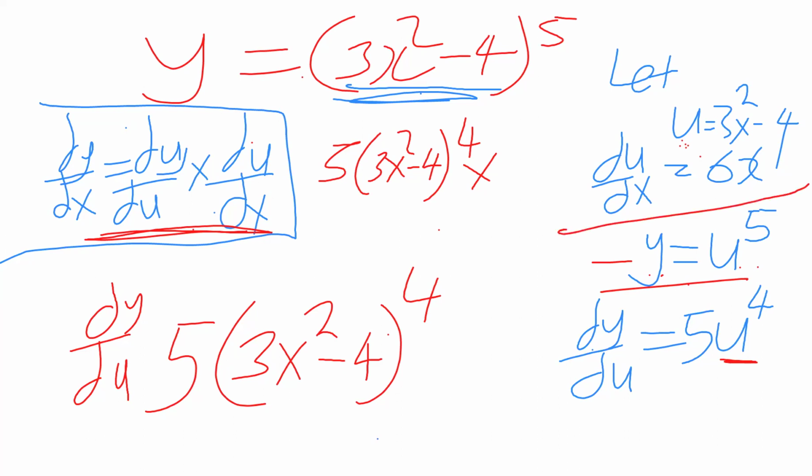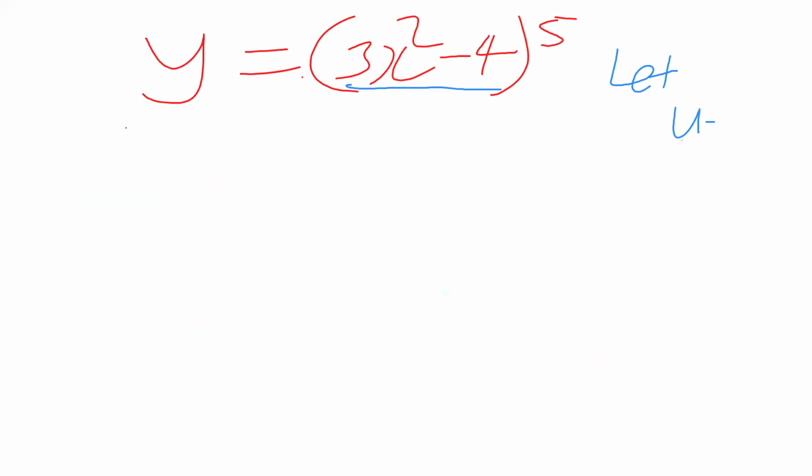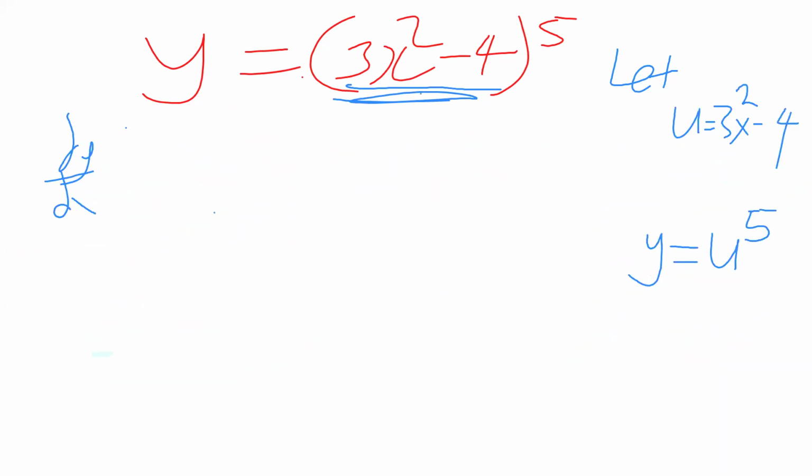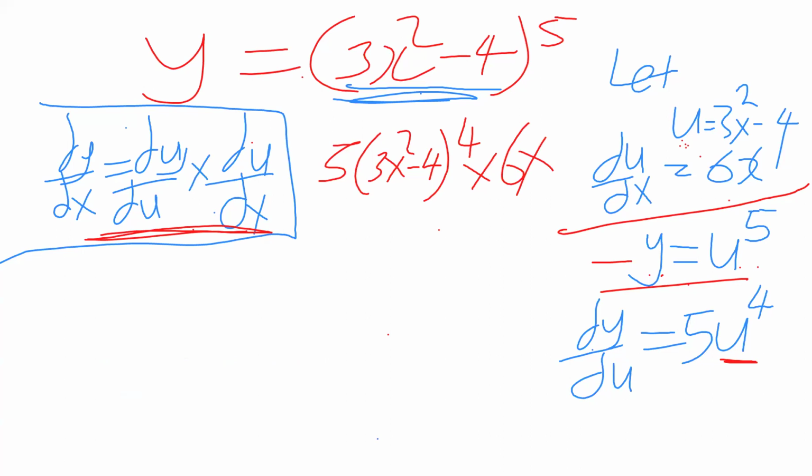Anyway, we said that du over dx is equal to 6x, right? That's what we solved. So we just bring 6x like that. That's very simple. So when you reach there, then you're about to finish writing.